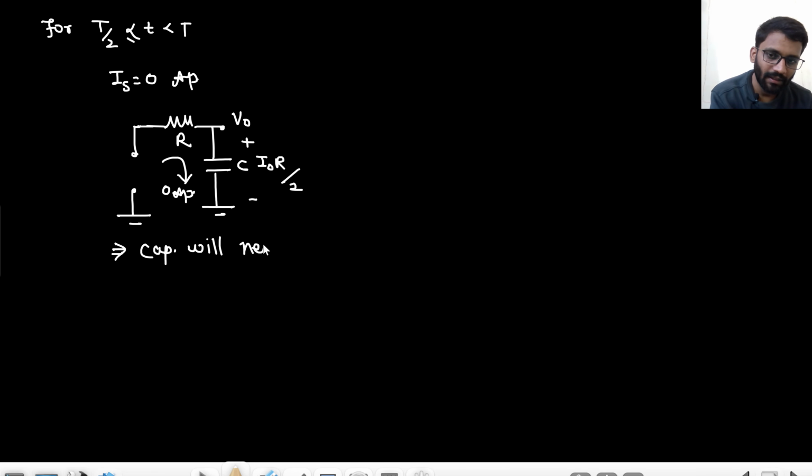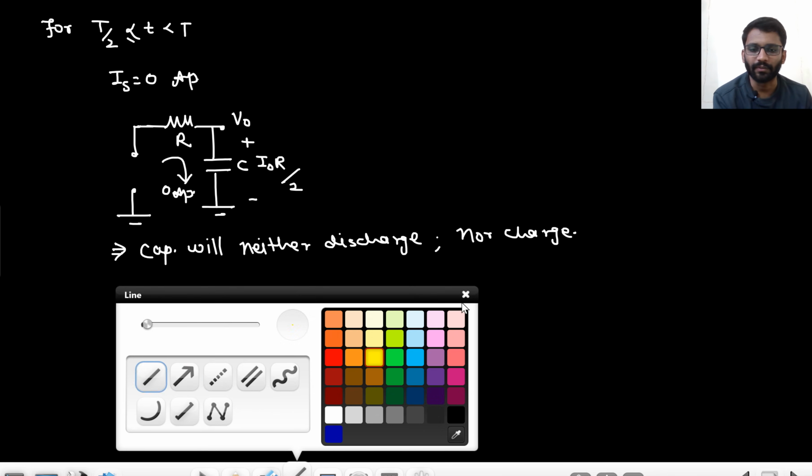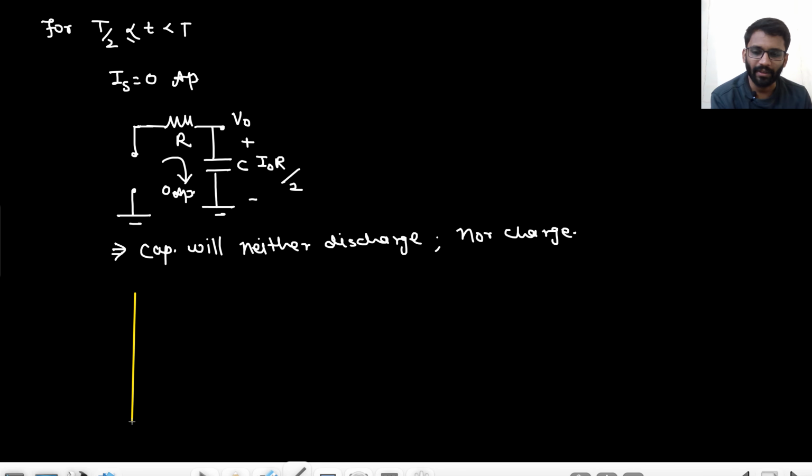So what will happen to the VC voltage? It will remain at I naught R by 2 only.